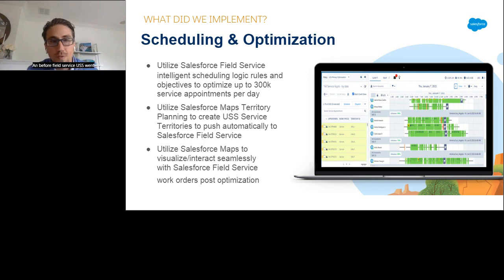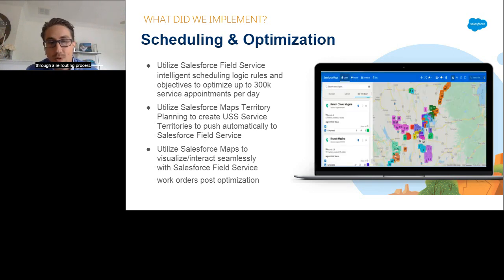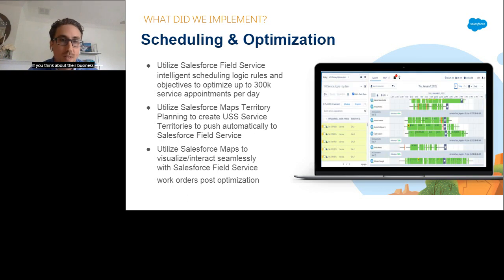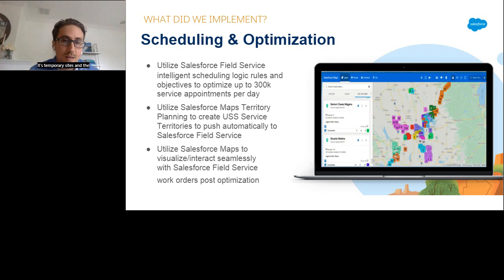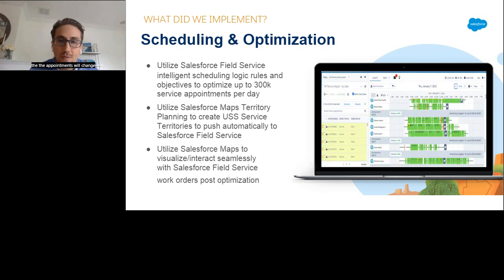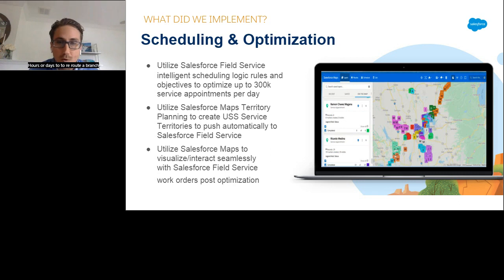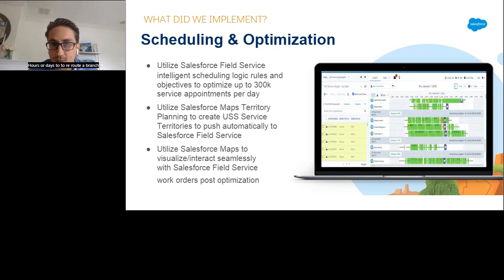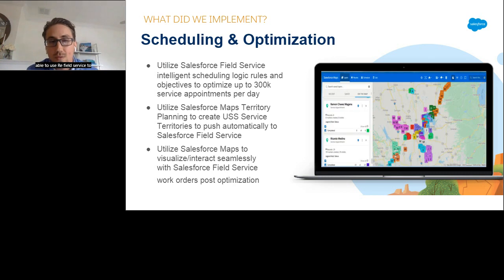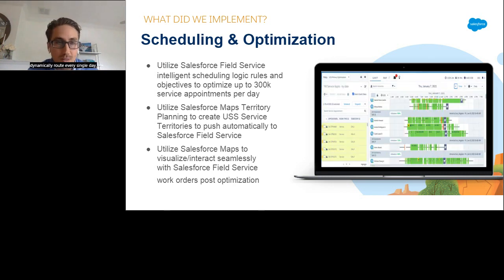And before field service, USS went through a rerouting process. So if you think about their business, it's temporary sites, and the appointments will change very rapidly. And it took hours or days to reroute a branch in the past, where essentially they're able to use field service to dynamically route every single day.